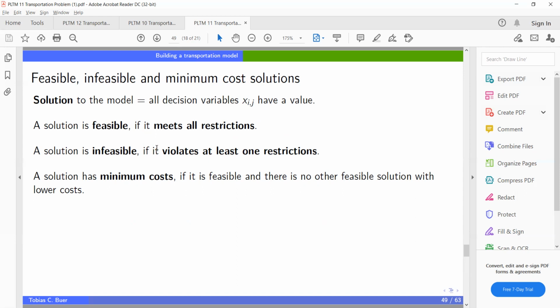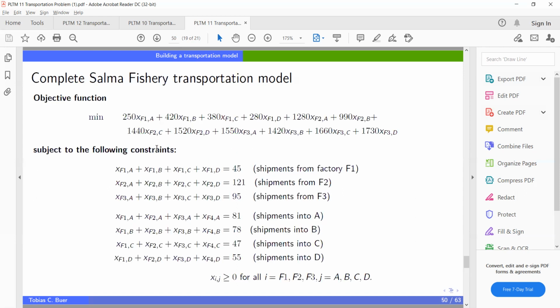So for example, if we have a negative number for 1x, this constraint is not true and our solution would be infeasible. In the same way, if we set in the values and everything that is transported from factory 1 to our customers is not equal to 45, again, we have an infeasible solution.